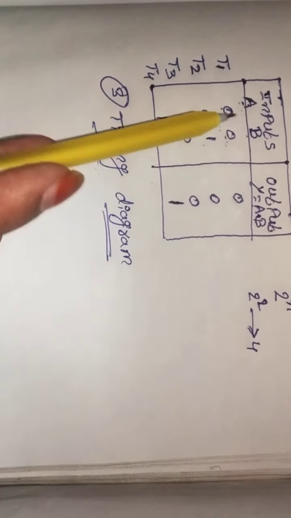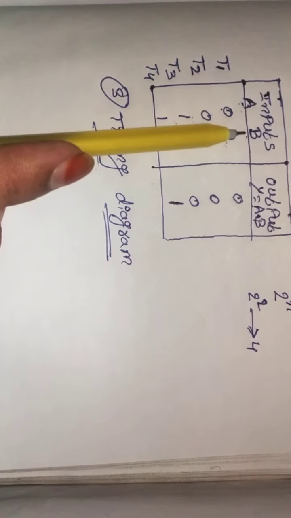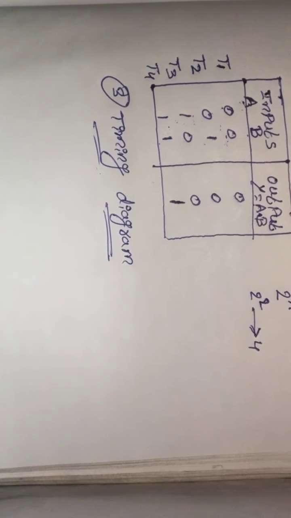In the truth table we take A and B as 2 variables. For 4 combinations, 4 different times are taken.